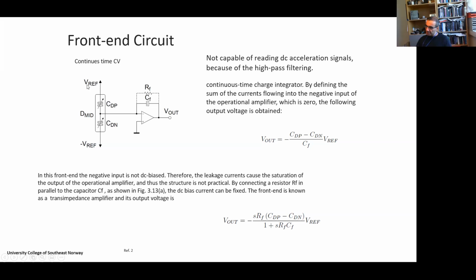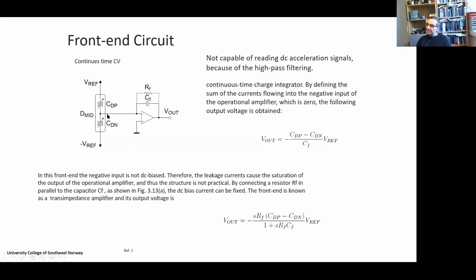Here we have a Vref plus or minus Vref, and then we read the voltage in between. So in this case, it's based on the voltage divider principle. So when the capacitors change, then the voltage in the middle will change, and this can be amplified by an amplifier.